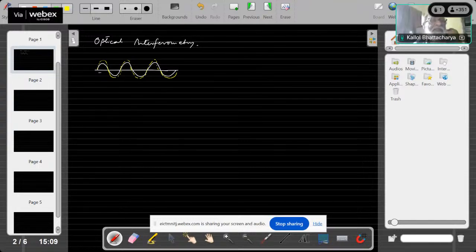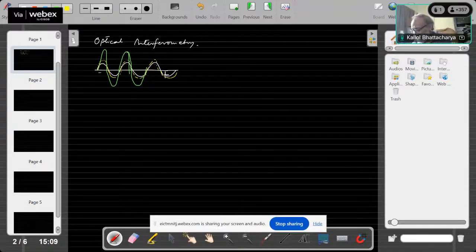So if I draw the resultant amplitude in green, the resultant amplitude will maybe look like this. Okay, this is the resultant amplitude. So we see that in certain regions we have amplification of amplitudes, and this is in fact interference.